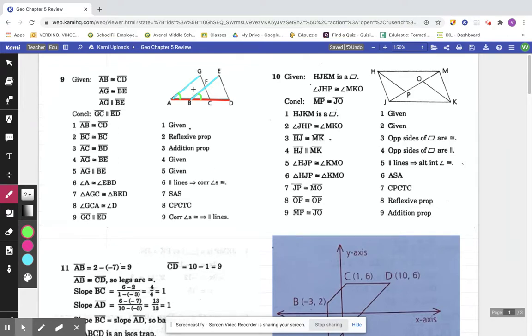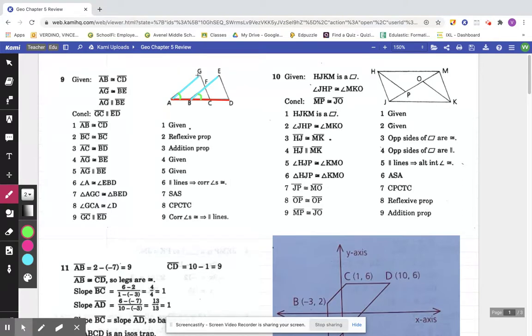So we have a side, an angle, and a side. So we can go ahead and say triangle AGC is congruent to triangle BED, and that's based on side, angle, side. So remember, if the angle is included, in the middle of one side and the other side, it's side, angle, side theorem.